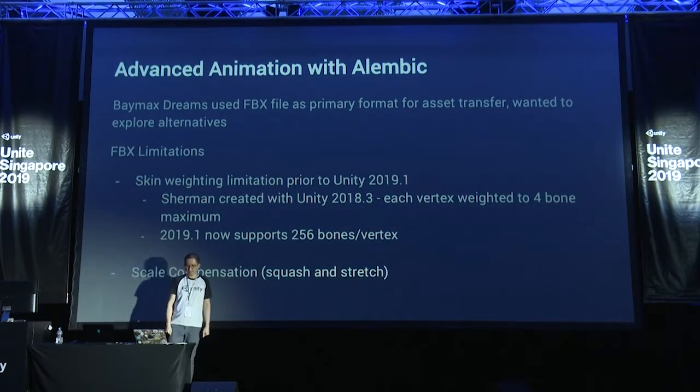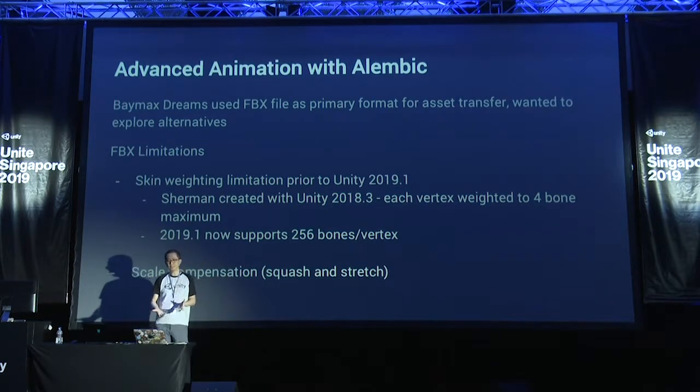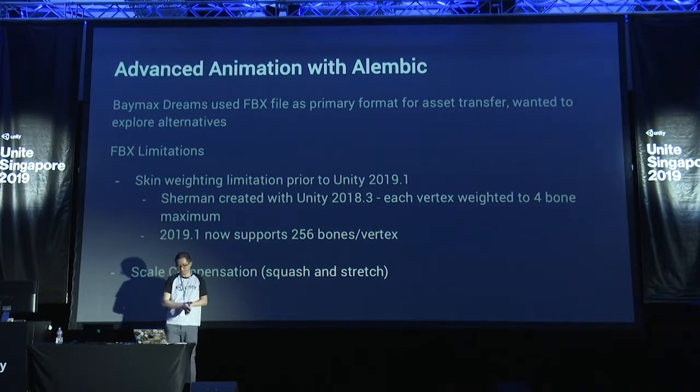And finally, like I mentioned earlier in the introduction, we use Alembic cache for the raccoon animation because there's a lot of detailing, things like squash and stretch. It's not easily modeled or animated with skeletal mesh.